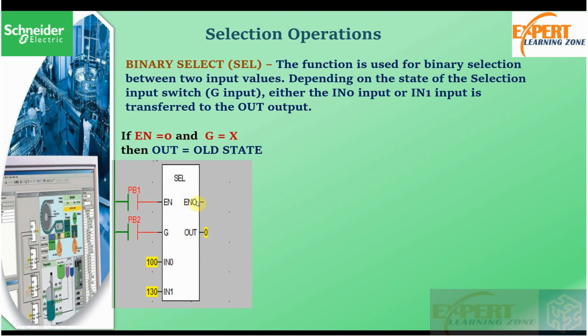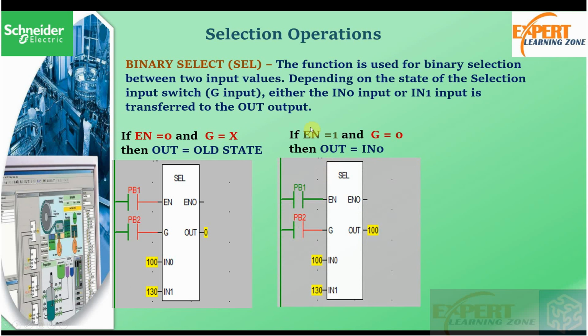When the enable pin is not activated, the output takes its old state, irrespective of whether G, which is Boolean in nature, is at a logic 1 state or logic 0 state. Now this is a situation where we have enabled the block.